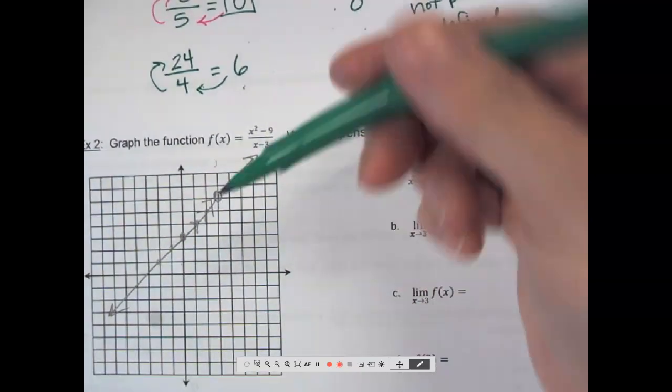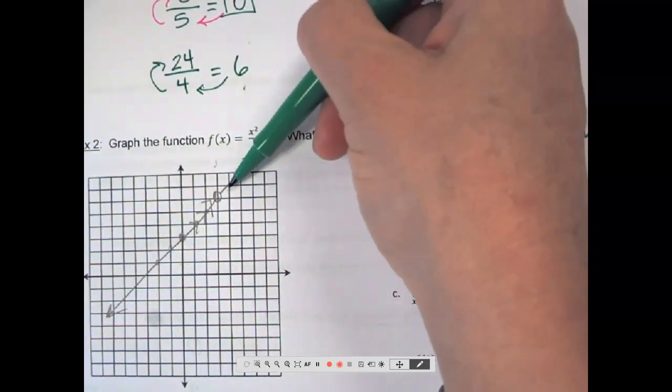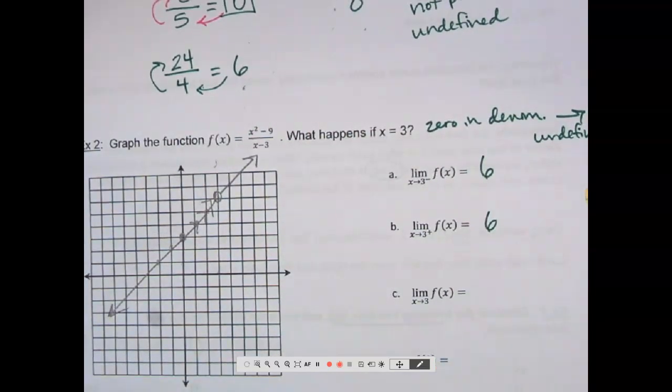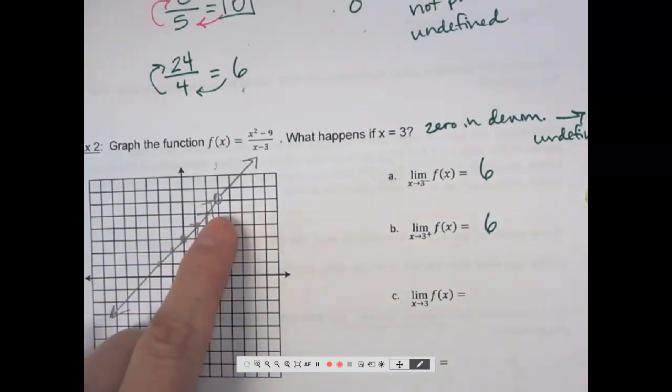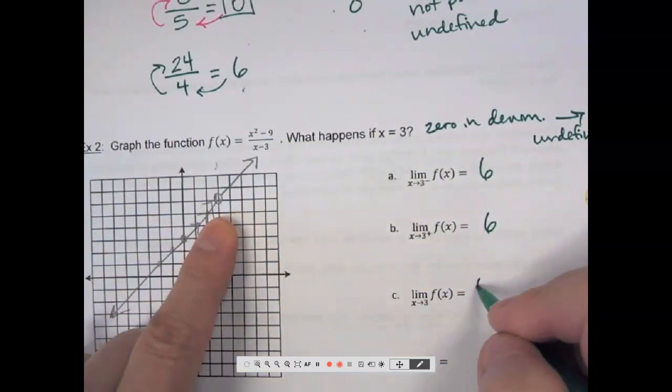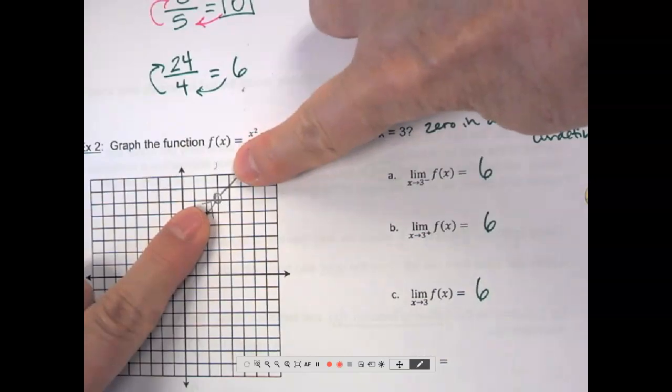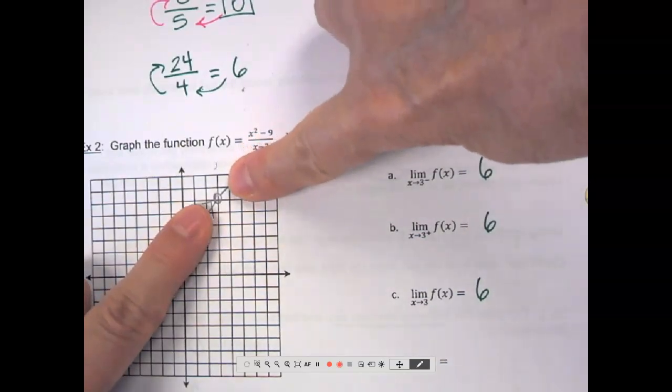What about approaching 3 from the right, coming in this way? 6. Okay, what is the limit approaching 3? 6. What about the fact that there's a hole there? Doesn't matter. The limit is about what you are approaching. And coming in from both directions, we are approaching a y value of 6.